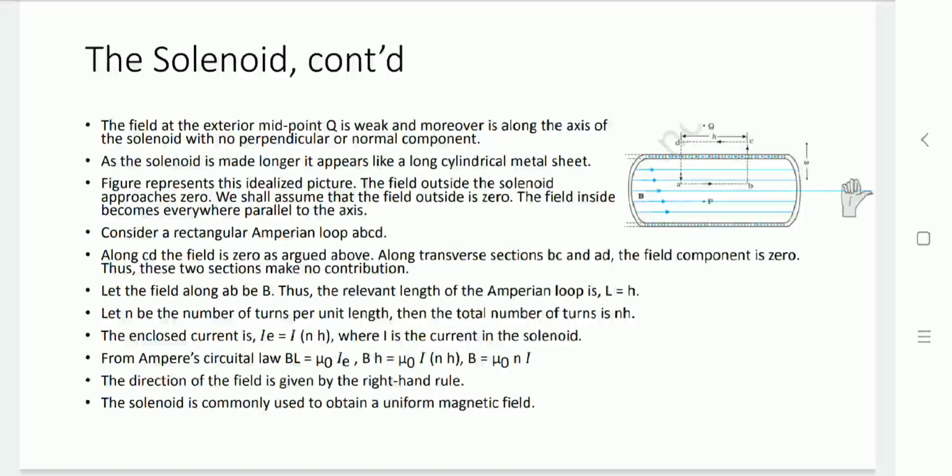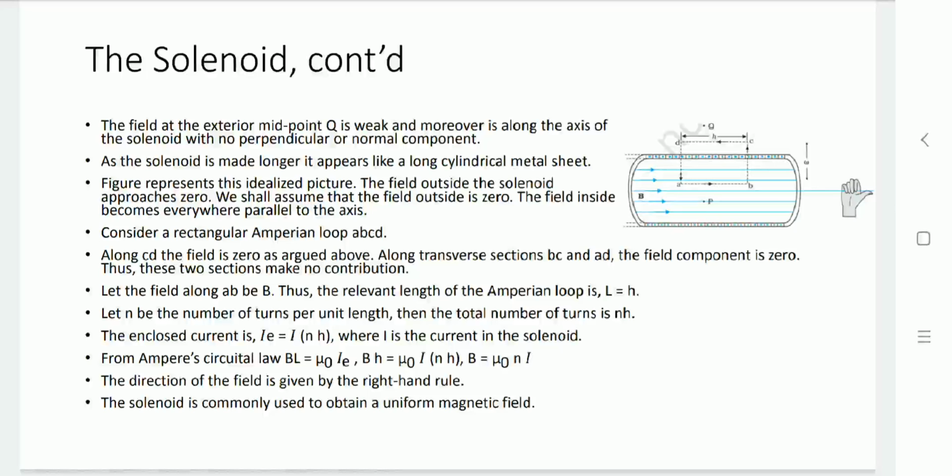And we know, from Ampere's law, that B L equals mu 0 Ie. L is nothing but h, so B h equals mu 0 I n h. Why? Because that is the current due to the number of turns, I n h. So on both sides h will cancel out, and the magnetic field is mu 0 n I.